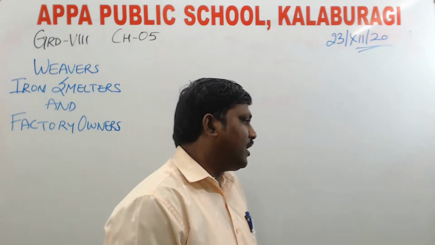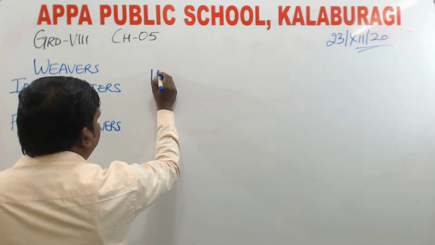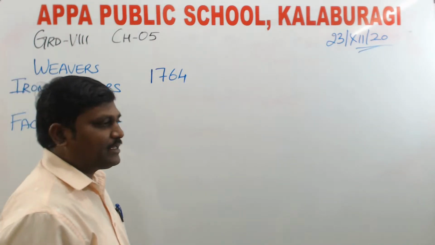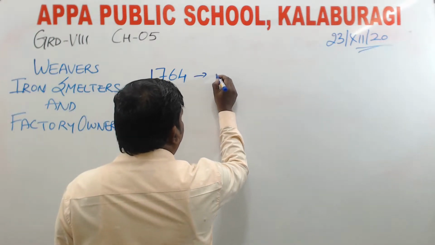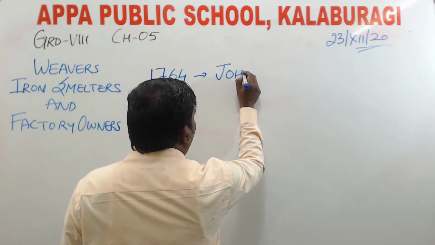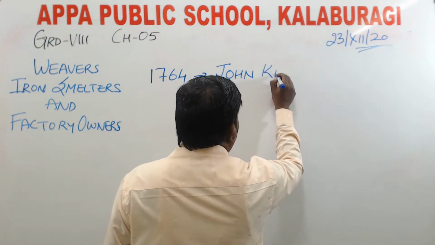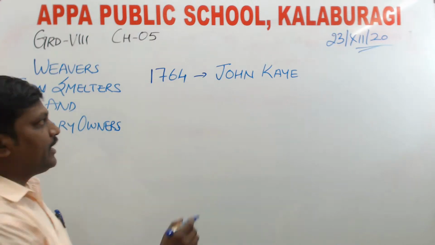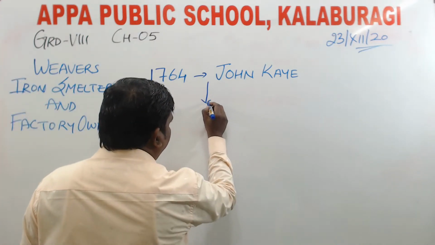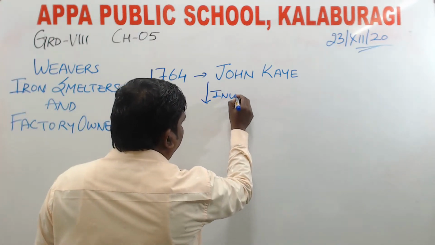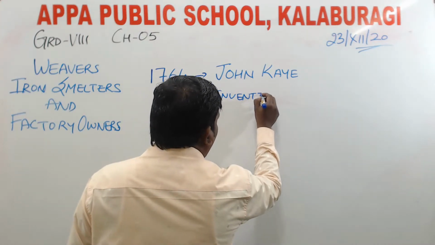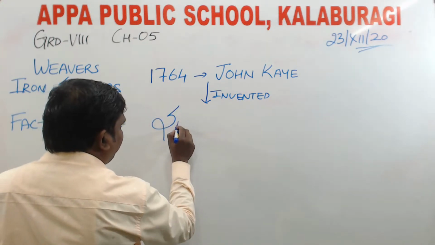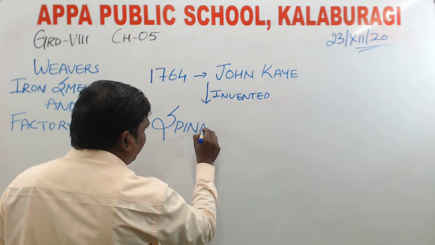So in the year 1764, a person by the name John Kay invented a machine called the spinning jenny.